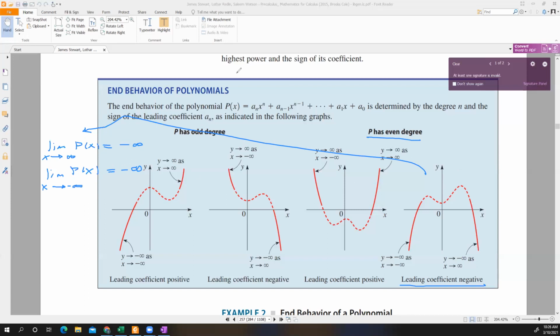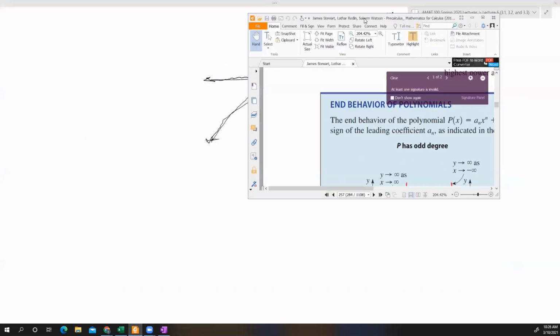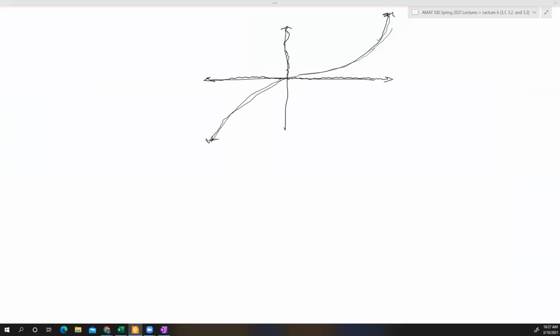So why is that the case? Let's look at an example to get a better idea as to why that's the case. So let me pull this aside now, and let's look at an example.